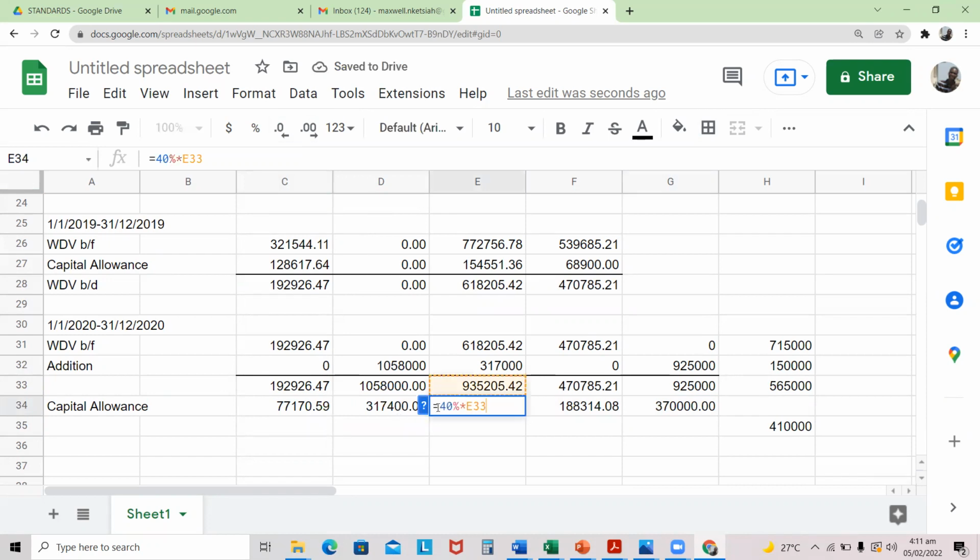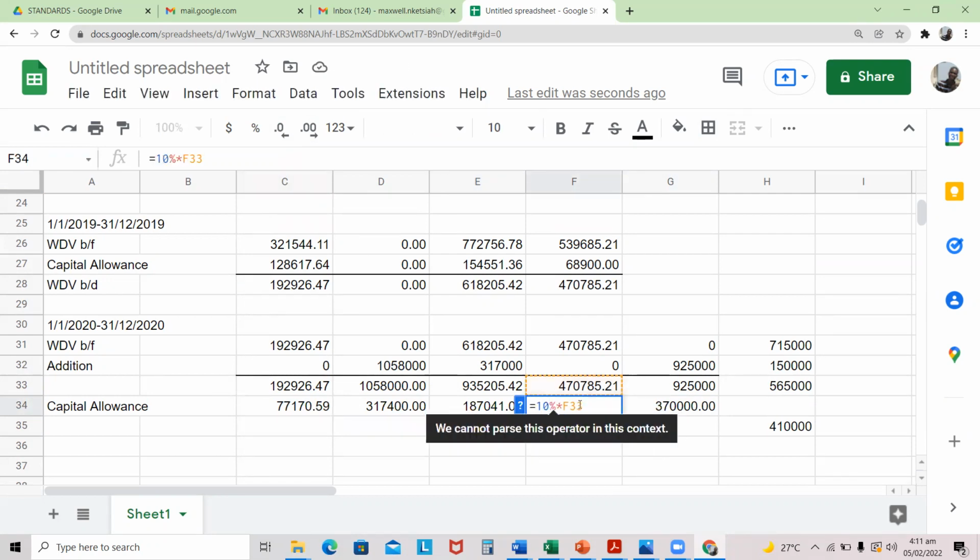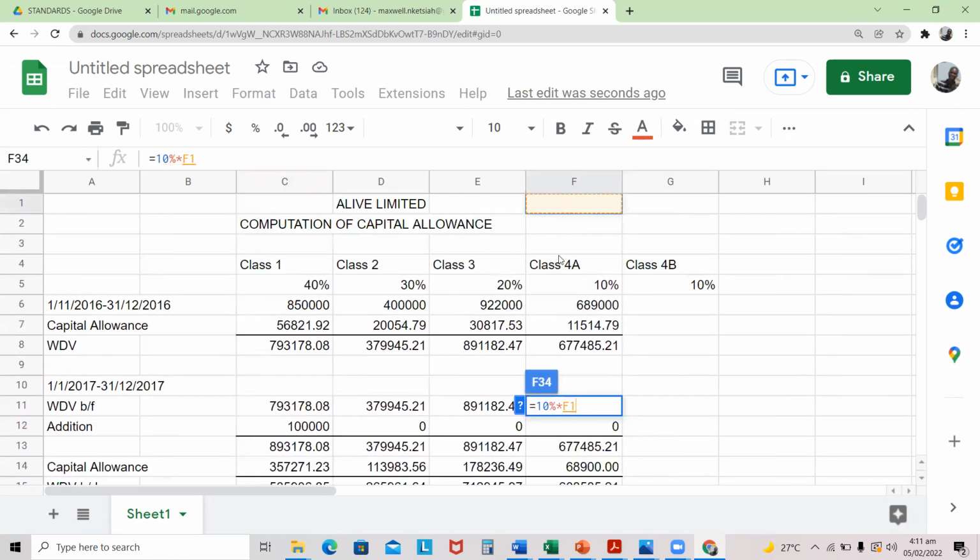This is 20. This one is 10. And this is straight line. So go all the way here.